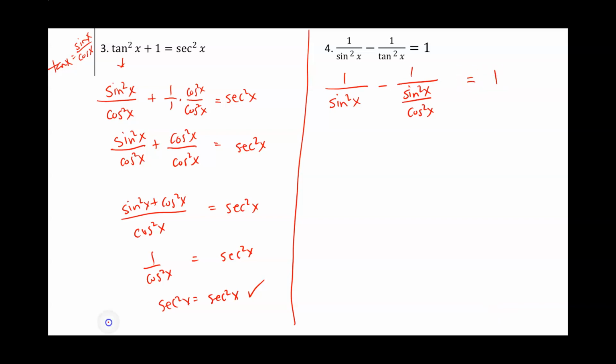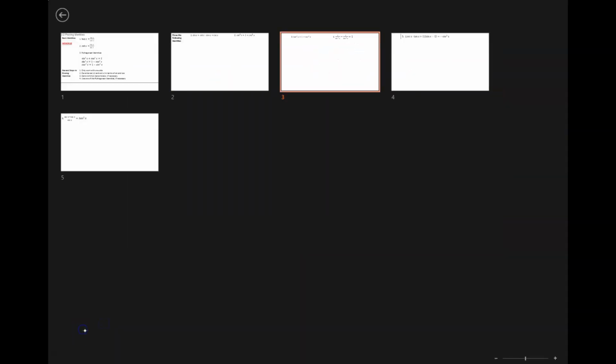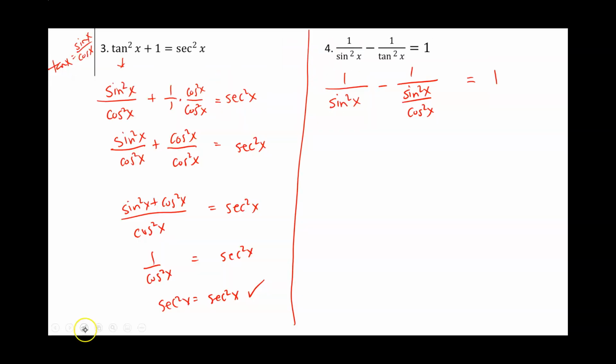Now remember that you can't divide by a fraction. So instead, we are going to multiply by the reciprocal of that fraction. Since we can't divide by a fraction, we are going to multiply by the reciprocal.